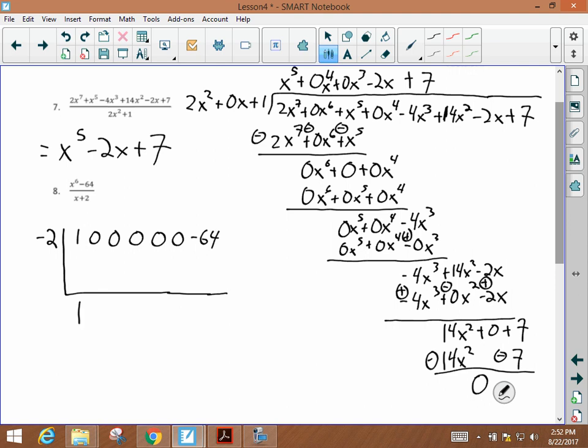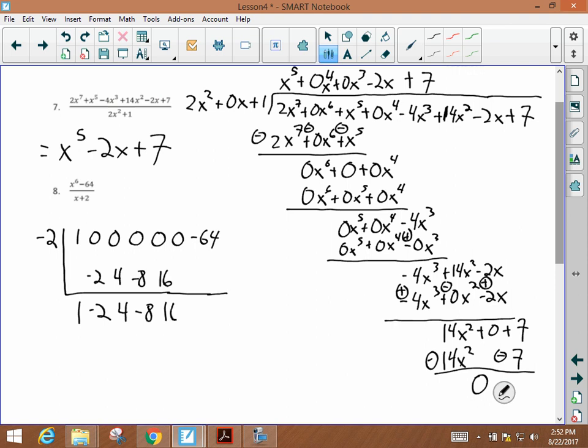I'm going to drop the 1 down. Negative 2 times 1 is negative 2. I'm going to add 0 plus negative 2 is negative 2. And then multiply. Negative 2 times negative 2 is 4. Add, and I get 4. Then negative 8, I add. Negative 8, I multiply. 16.